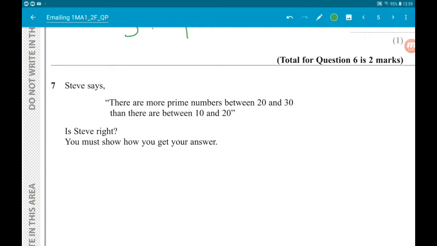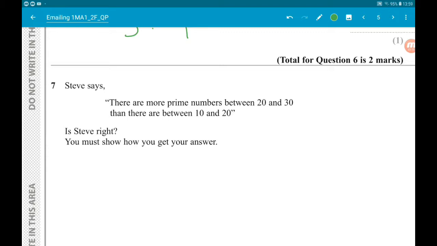Okay, then number 7. Steve says there are more prime numbers between 20 and 30 than there are between 10 and 20. Is Steve right? You must show how you get your answer.